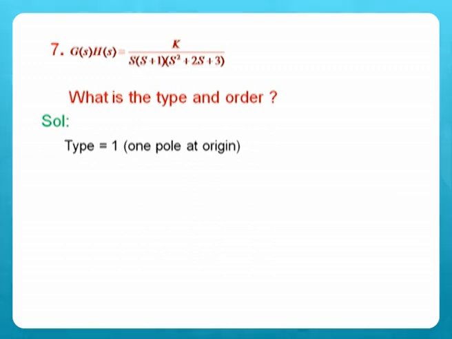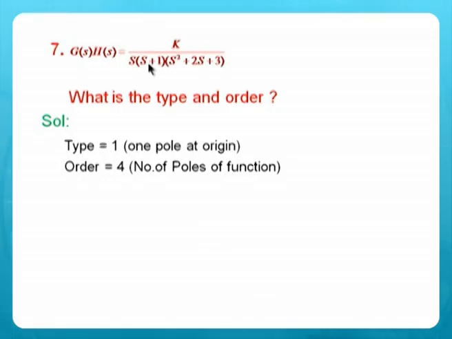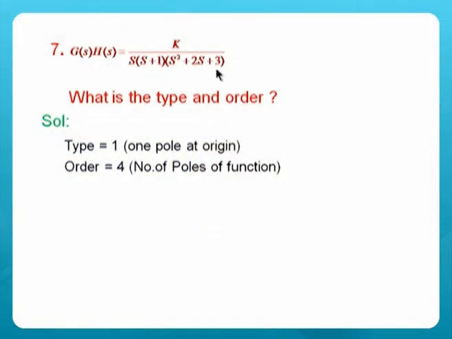This type number has another significance: the number of integrations involved or number of poles at origin. So there is only 1 pole at origin, so it is a type 1 system, and order is 4, meaning the highest power of s in the denominator, or the number of poles of the given function. The number of poles are here 1, 2 and 2 complex poles. So the number of poles are 4, so the order is 4.